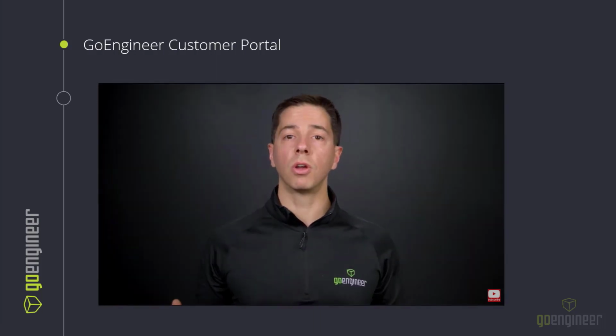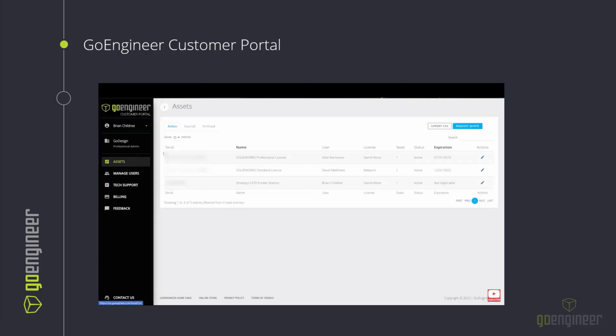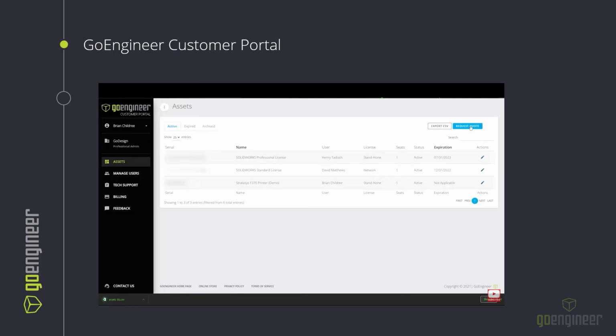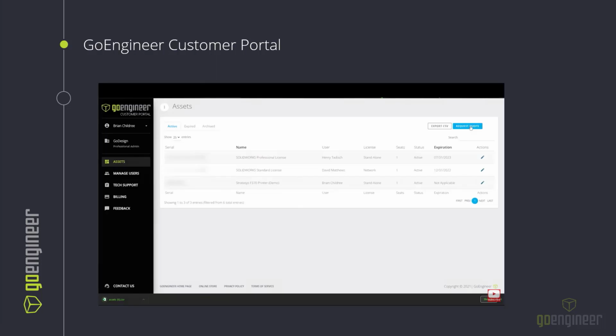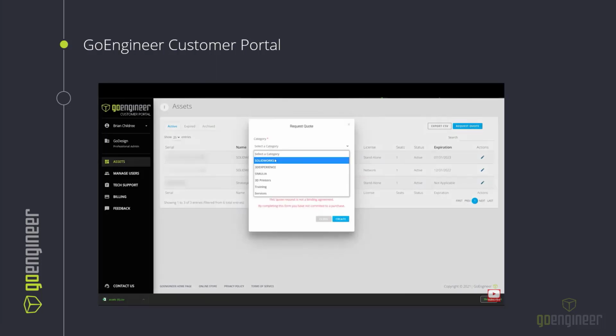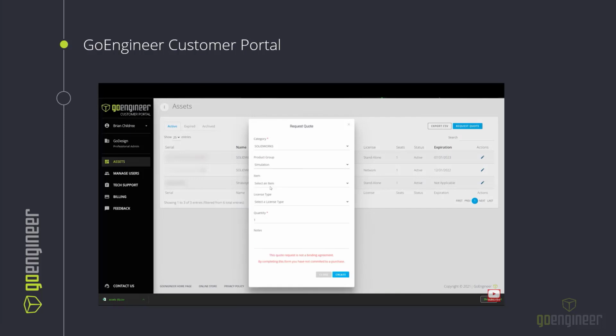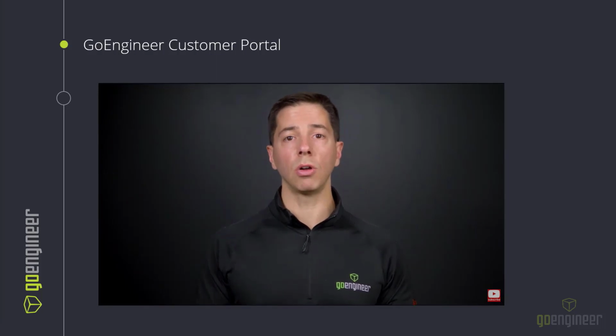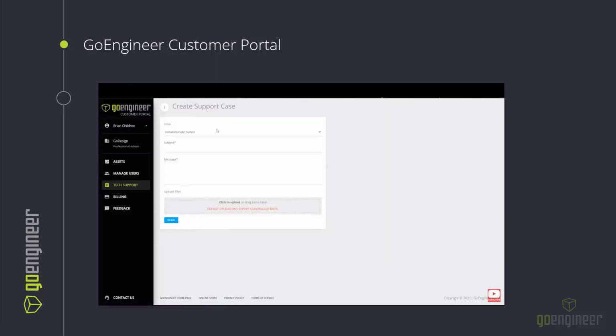Basically it's free. You just log in and you can see your assets. You can assign users, and each of these users can have different permissions. Here he's showing the assets and the expiration date. You can make edits and comments there. You can request a quote for something through this tool. You can view your technical support tickets and see where they stand. You can view history.